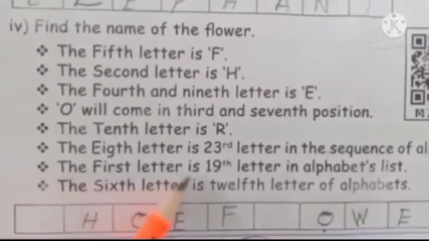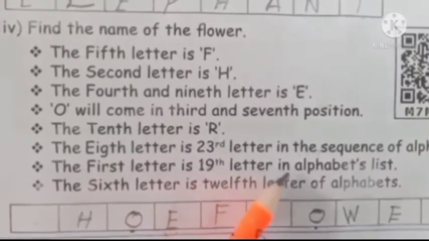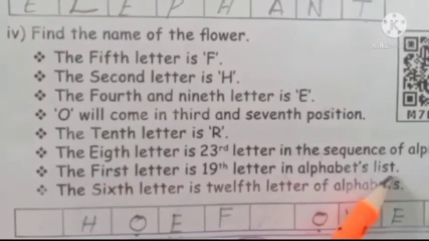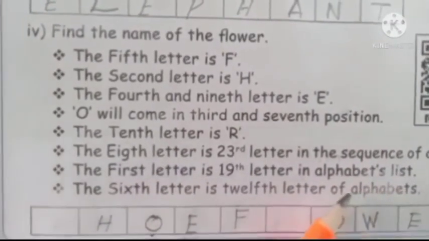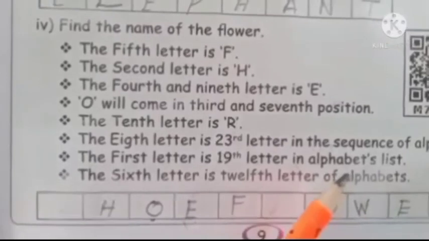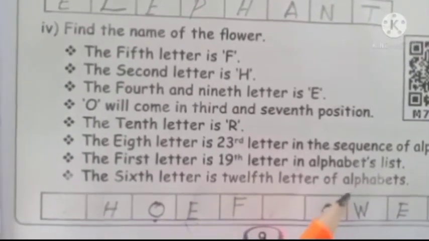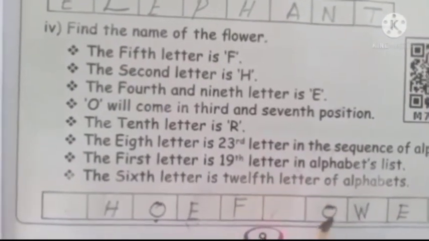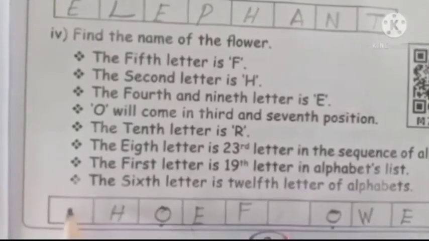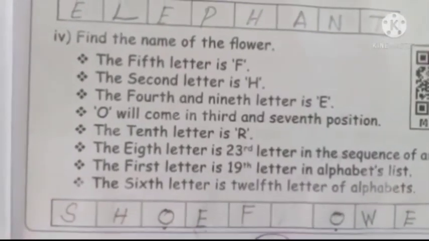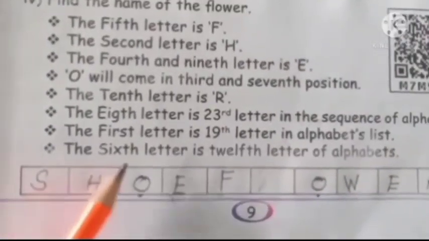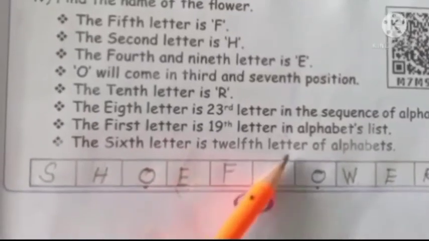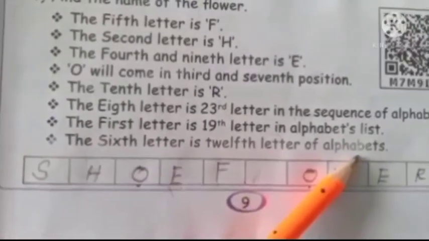The first letter is 19th letter in alphabets list. The 19th letter in alphabets is S. So, we have to write S in first place. The 6th letter is 12th letter of alphabets.